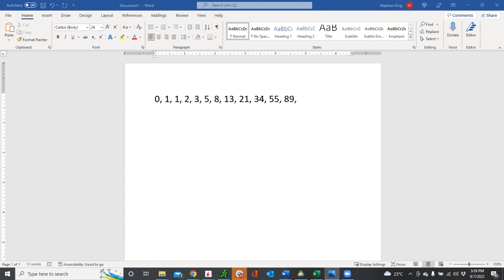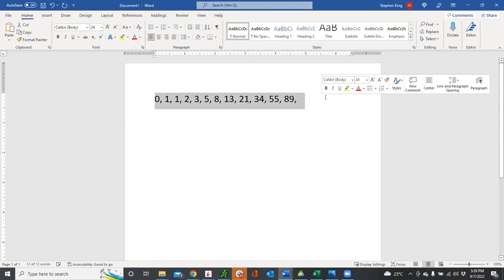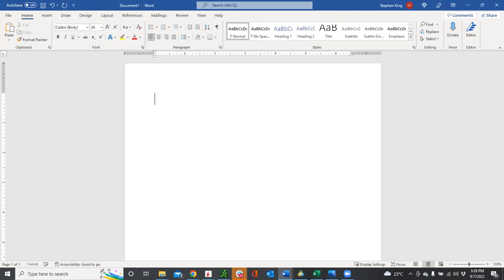So the main things that we're going to be looking at are Fibonacci retracements, and we're going to be looking at Fibonacci extensions. Okay, so Fibonacci retracements.